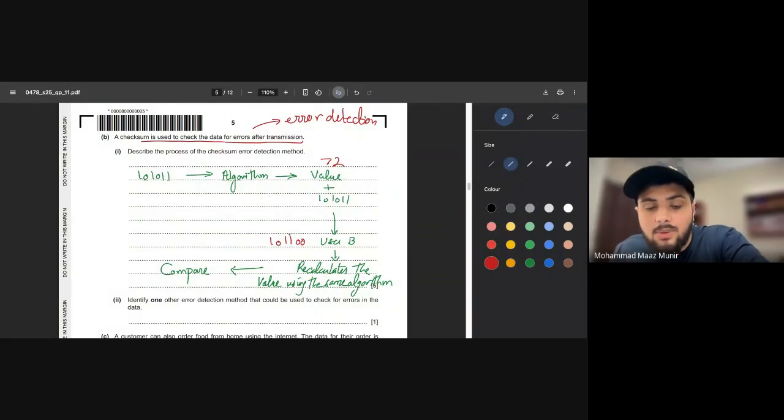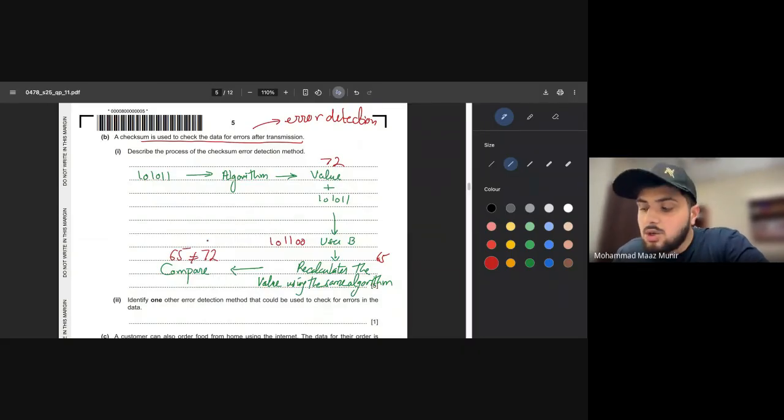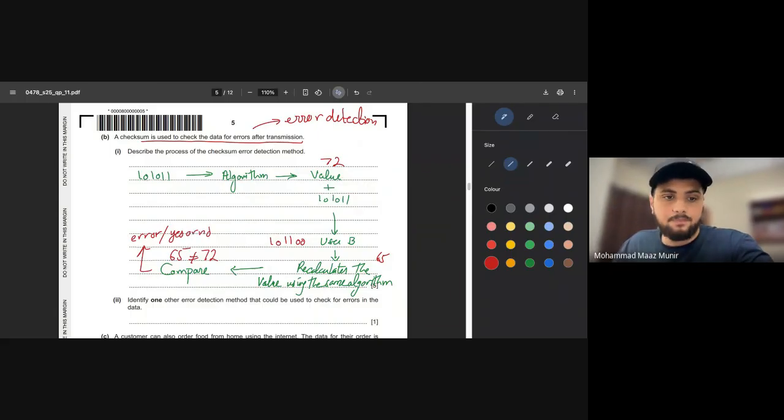Because through this your value will be maybe 65. Now when they compare, 65 is not equal to 72, and when it's not equal to 72, this is going to indicate that an error has happened, yes or no. Understood? So this is how you are going to be making use of checksum.